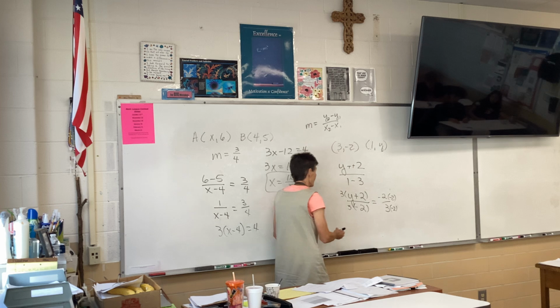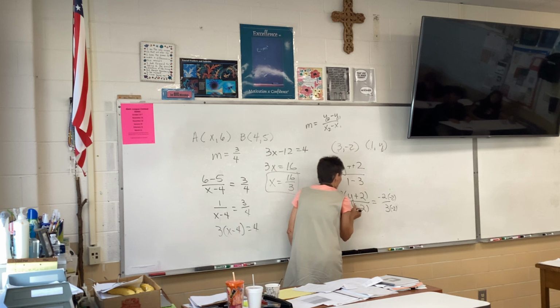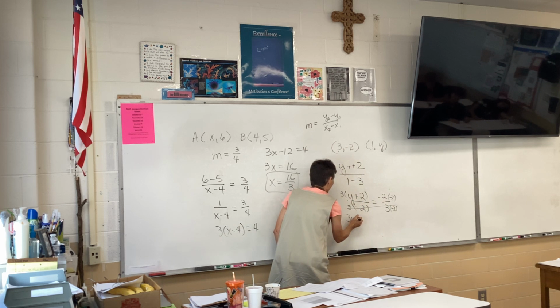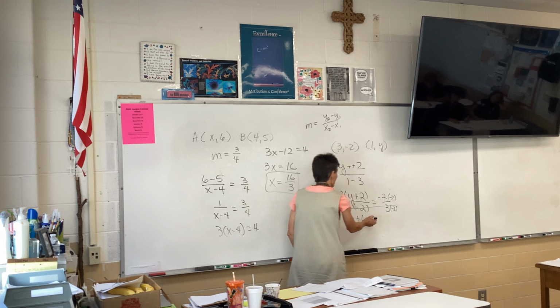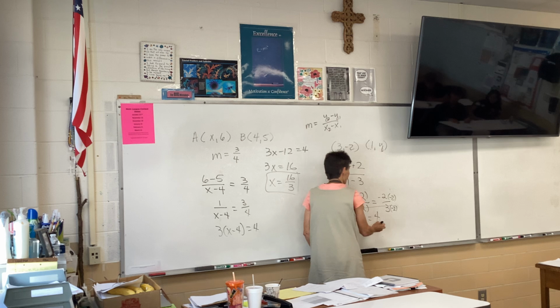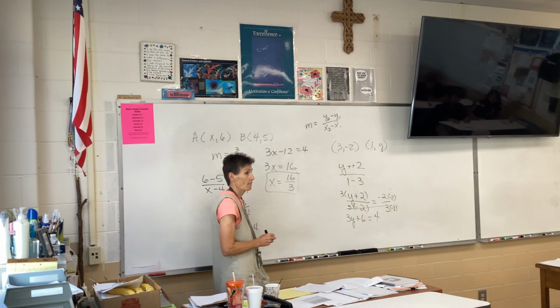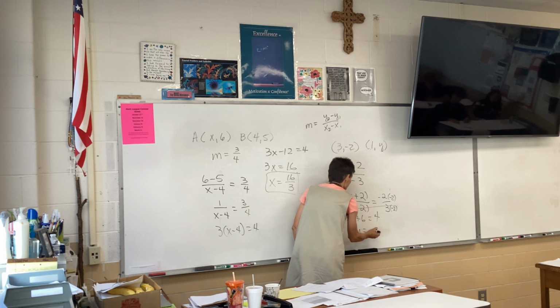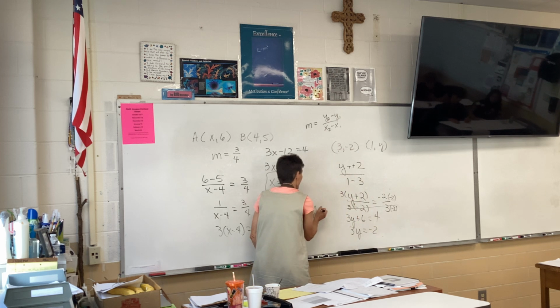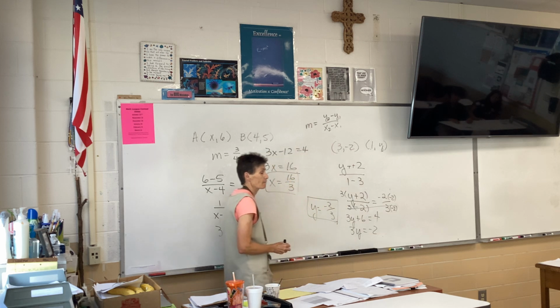Now they match. So 3y plus 6 equals positive 4. 3y equals negative 2, so y equals negative 2/3.